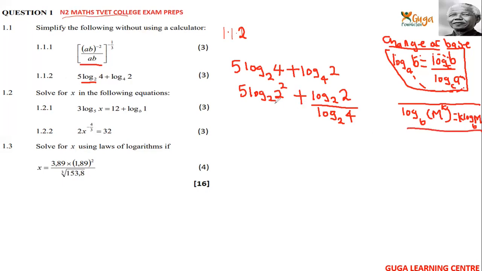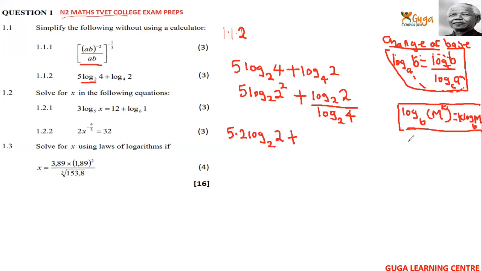Here, you're going to have 5 multiplied by 2 log base 2 of 2, I did power down here, plus 1 over 2 log base 2 of 2. You learned this rule when you were doing N1. In N1 we said these are still the rules of logarithm.